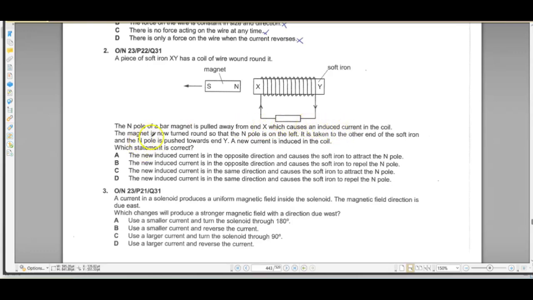The magnet is now turned around so that the north pole is on the left. It is taken to the other end of the soft iron, and the north pole is pushed towards Y. A new current is induced in the coil. Which statement is correct? The new induced current is in the opposite direction and causes the soft iron to attract the north pole.